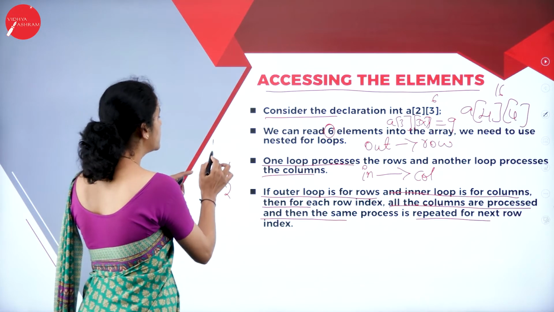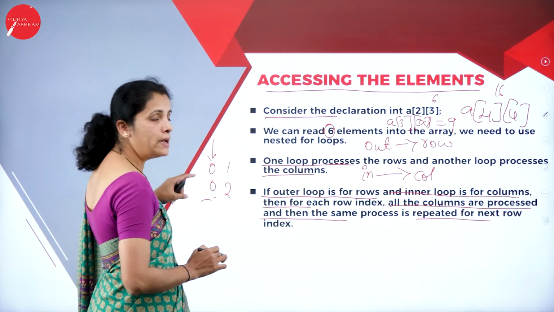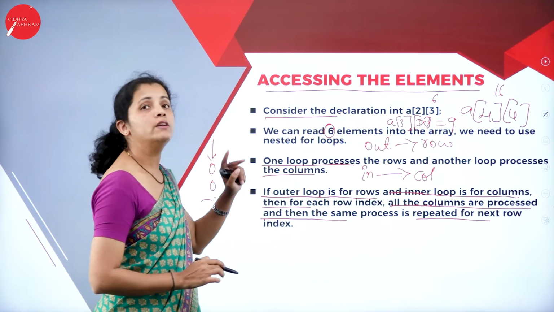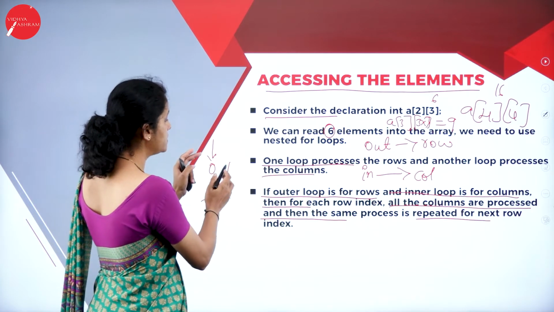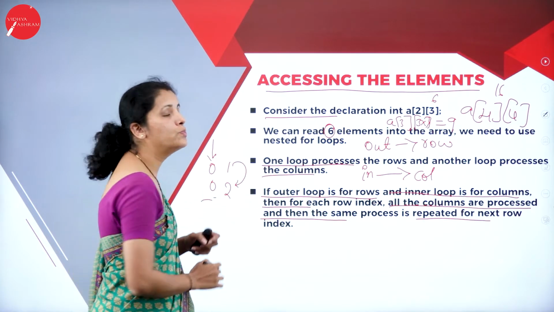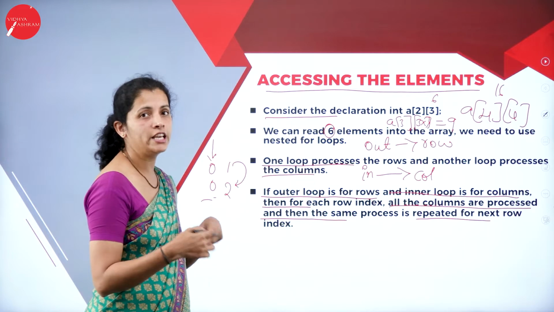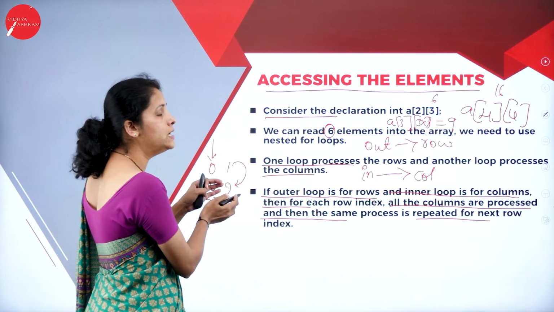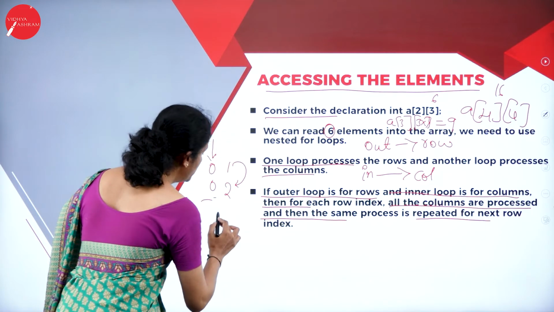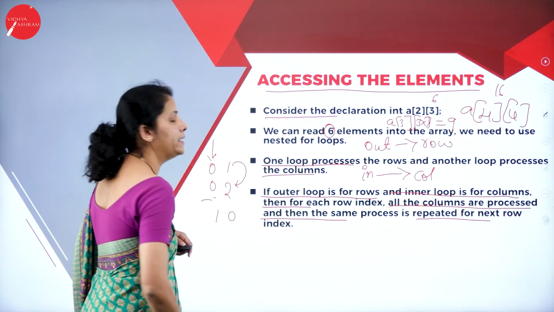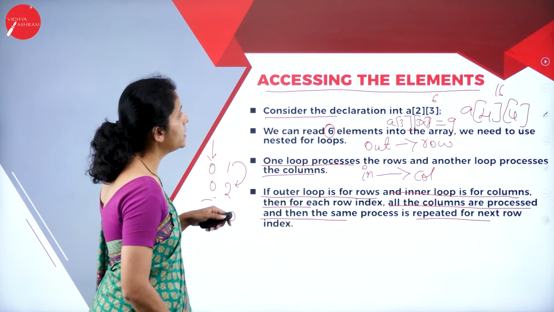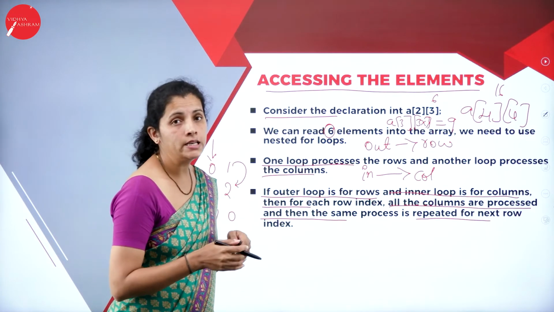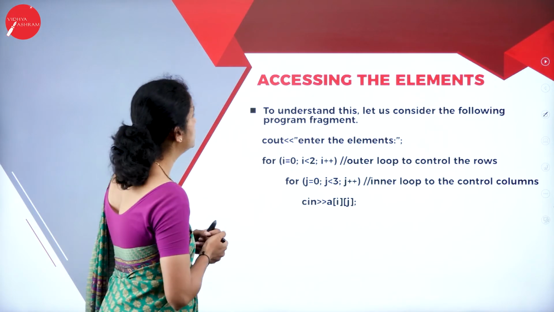So here the row remains as it is. That means my outer for loop remains as it is and the inner for loop is going to increment each time. And when the inner for loop fails, then the outer for loop is going to increment. This is the way I can access the elements present in the two-dimensional array.